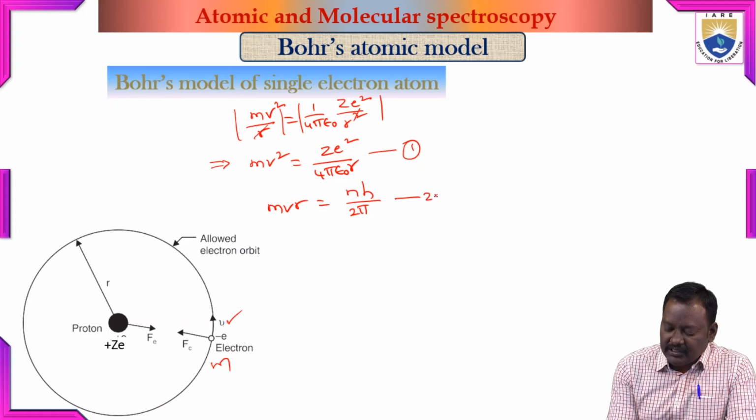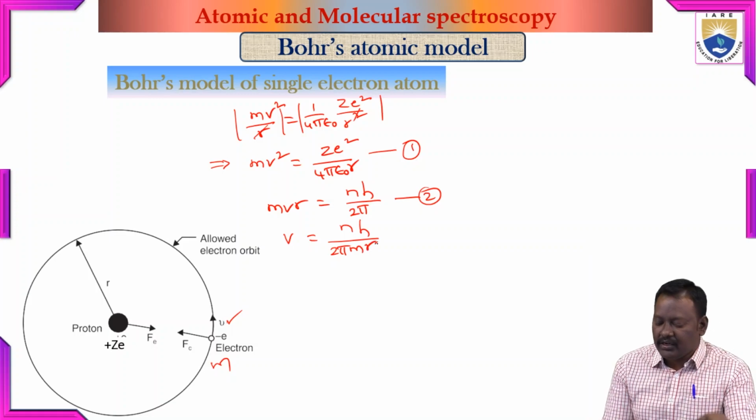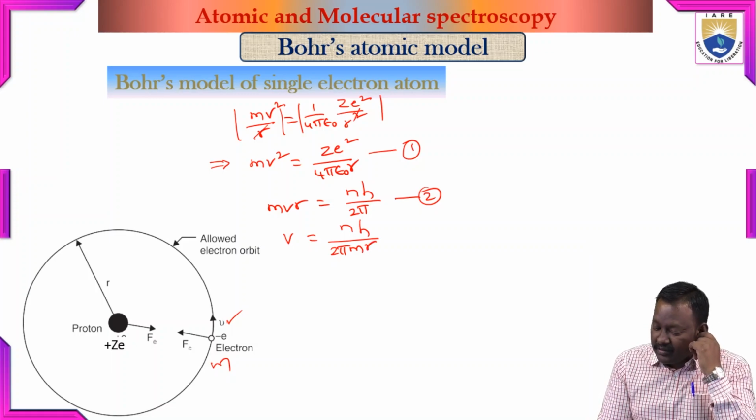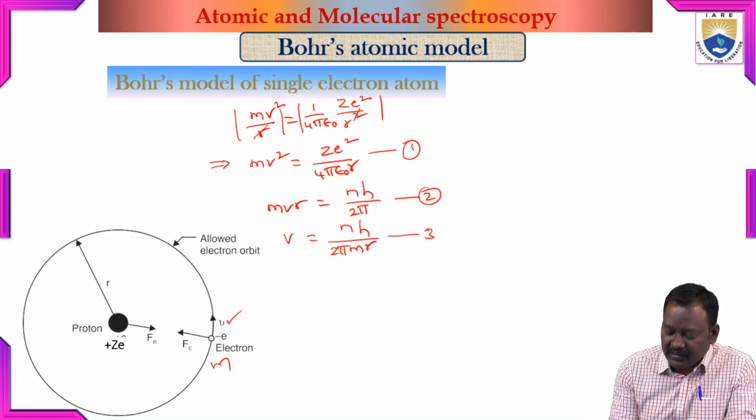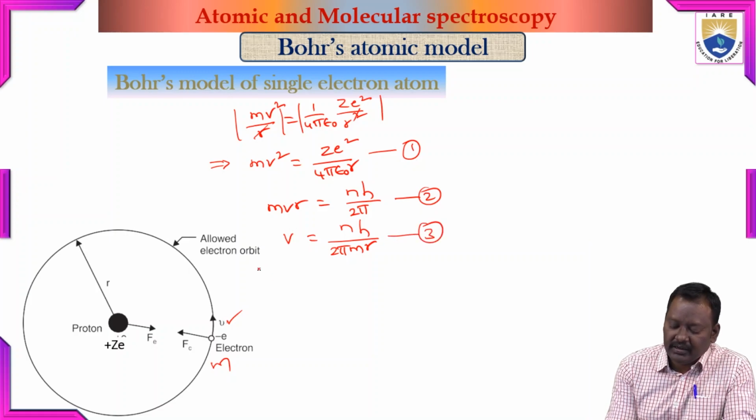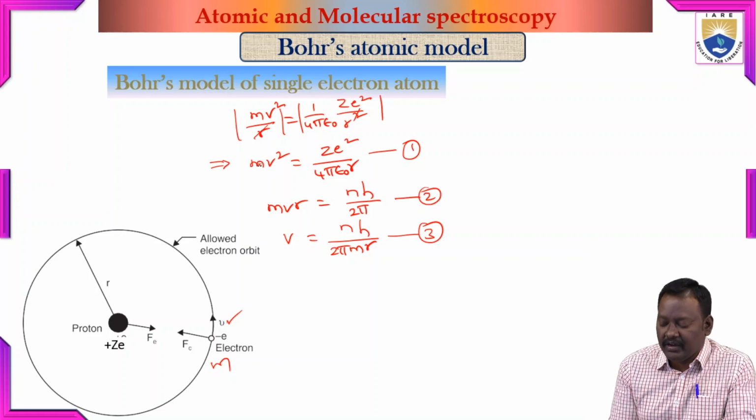So from this equation we can find v equal to nh by 2 pi mr. In order to evaluate the radius r of the electron orbit, first orbit or any orbit, substitute this value of v in equation 1.